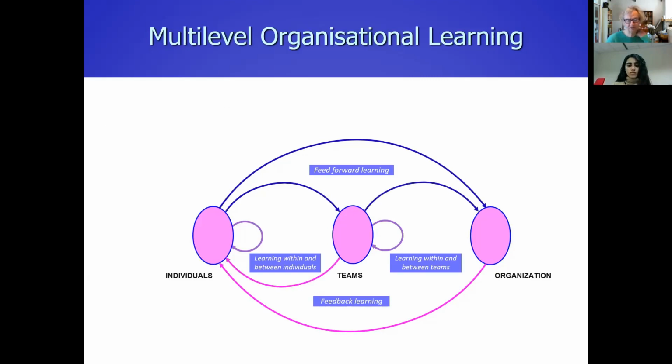And the same you can do on the levels of teams and organization, with feed-forward learning from teams, and feedback learning where other teams can learn from their colleague teams. So this is roughly the picture you can often see in the literature about multi-level organizational learning, and that's also what we will follow in our computational approach.